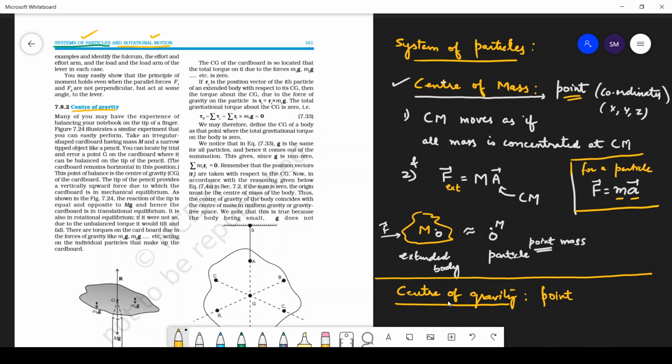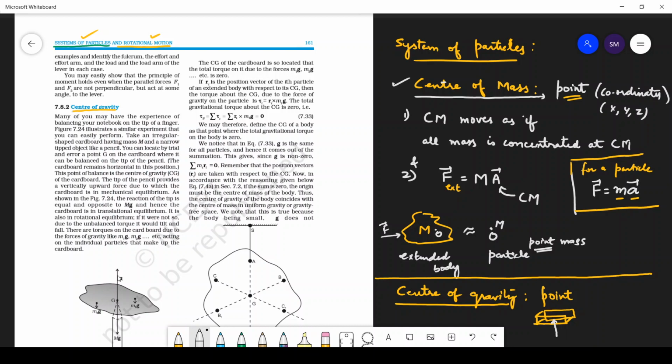Like, you can balance your notebook on one finger. Can you do it? In the class, students used to do this in the free time. They just hold this notebook on their fingers or on the tip of the pencil.